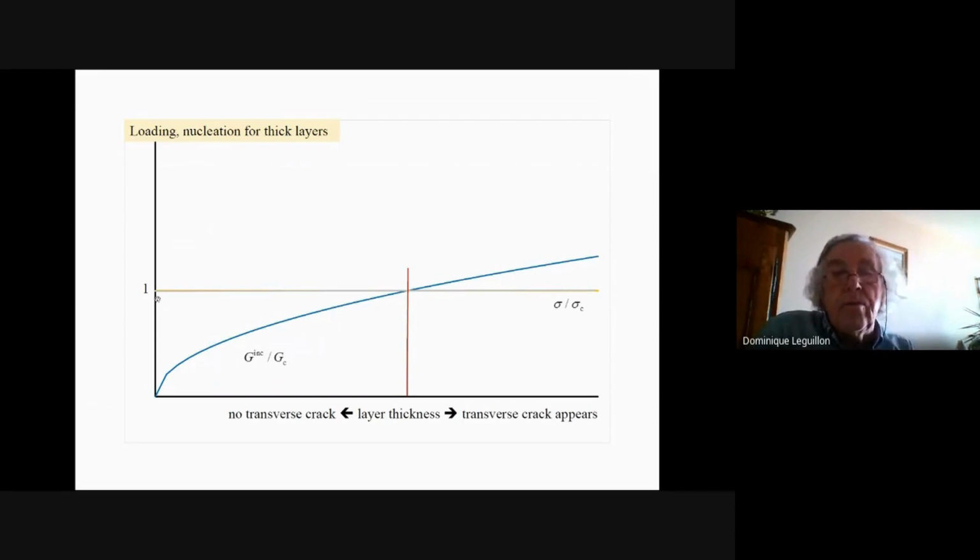So in any case, this line is limited by the maximum thickness of the inner ply. So here you see, this is the energy condition. If the thickness of the inner layer is larger than this value, then a transverse crack can appear.